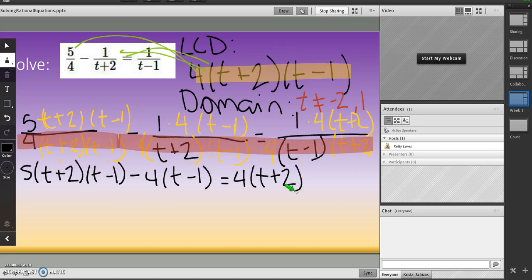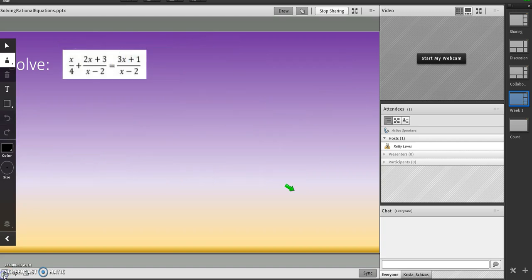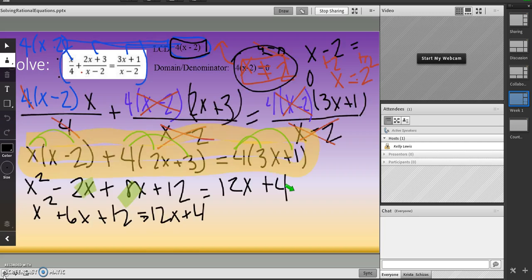Okay, when everything has the exact same bottom, it deletes. Okay, it goes away. And the reason is a little bit complicated just for a short little video, but just trust me. Okay, and the same logic applies like over here. Like when we multiplied everything by 4x over 2, 4x minus 2, then the stuff canceled. And so all we had left was the stuff we were missing. And so the stuff we were missing was this x minus 2.